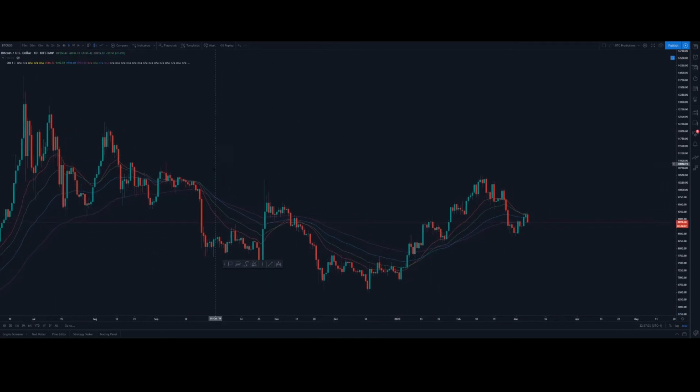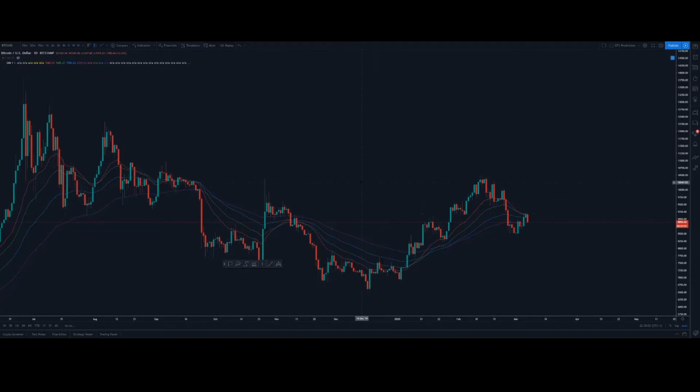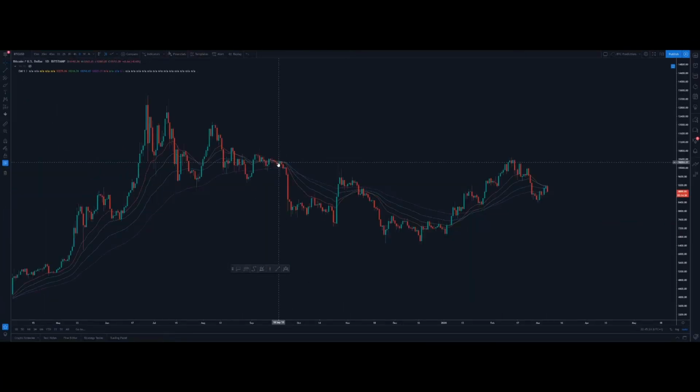And this time I've chosen the Fibonacci sequence. What you need to know is that these are actually price levels lagging behind the current price action.